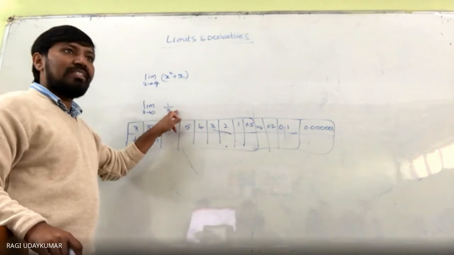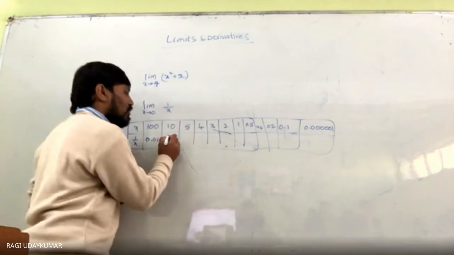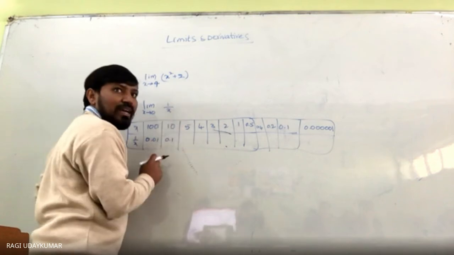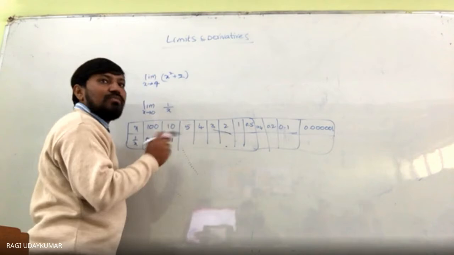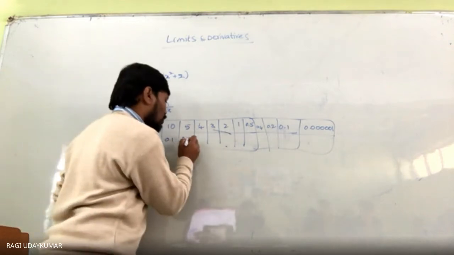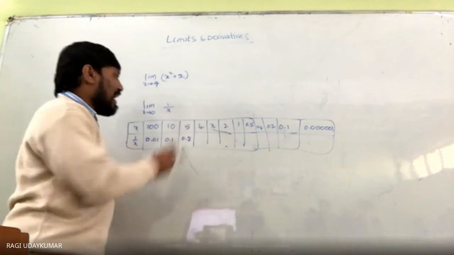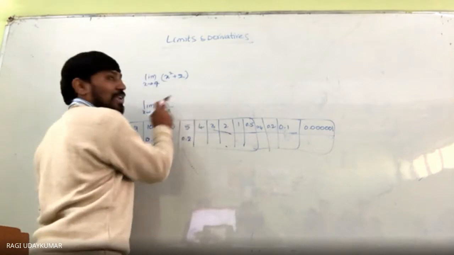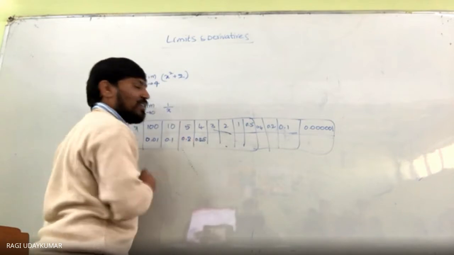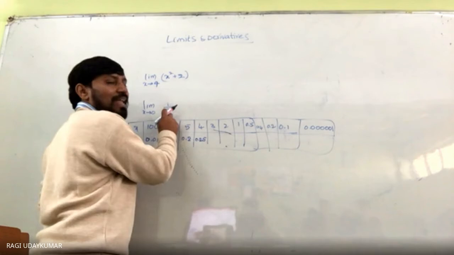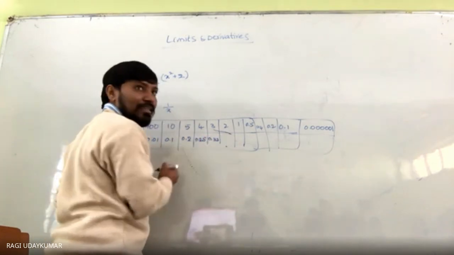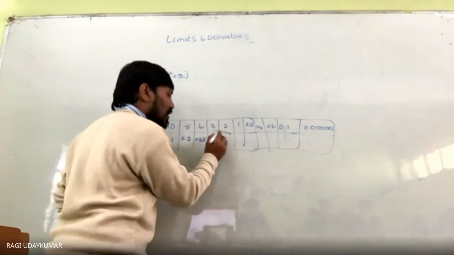When x is 10, 1 by x is 1 by 10, that is 0.1. When x is 5, 1 by x is 1 by 5, which is 0.2. When x is 4, 1 by x is 1 by 4, 0.25. When x is 3, 1 by x is 0.3333 and so on, 0.3 bar.